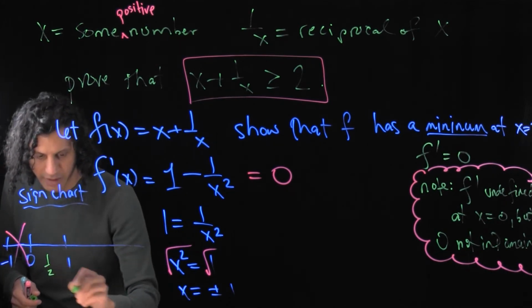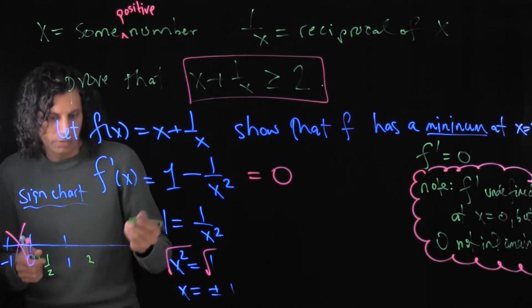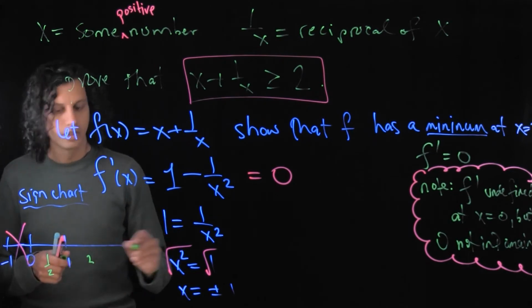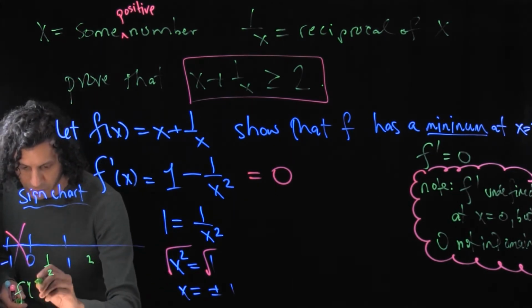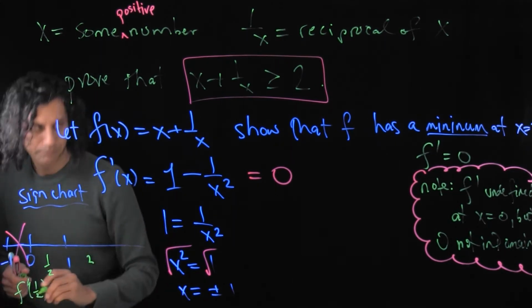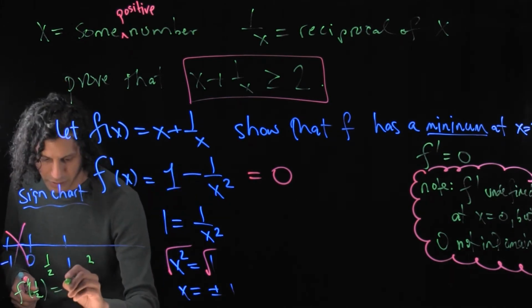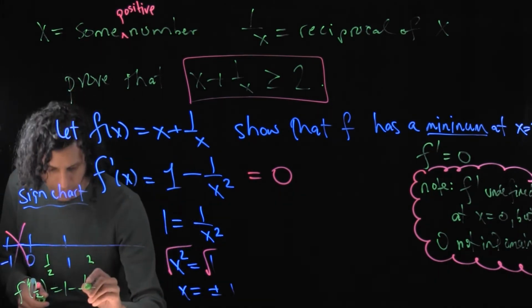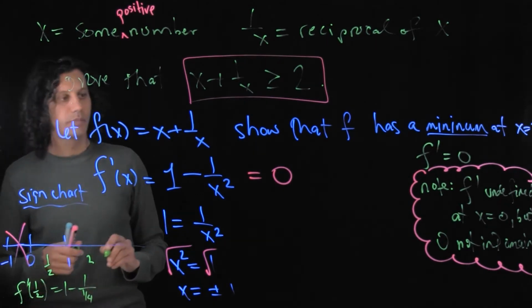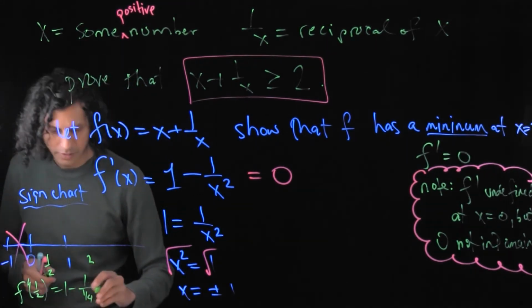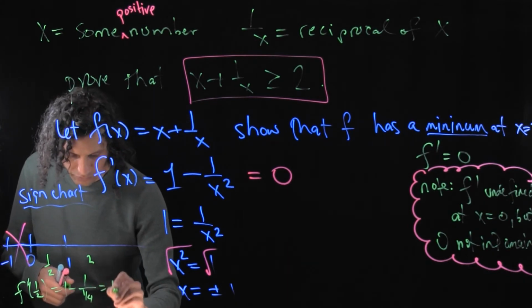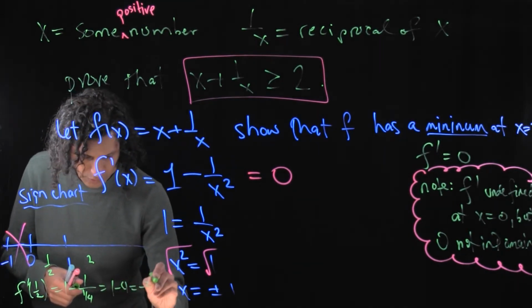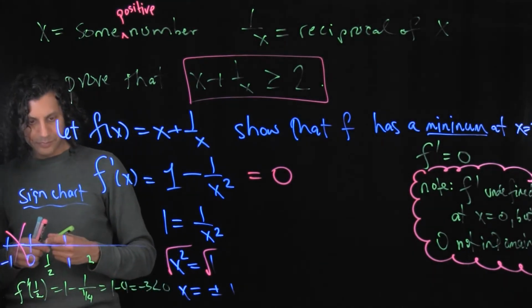Now we'll get some test values in here. We can plug in 1/2, and why not plug in 2, into the derivative. Plugging 1/2 into our derivative function, we get 1 minus 1 over (1/2) squared, which is 1 minus 4, which is negative.